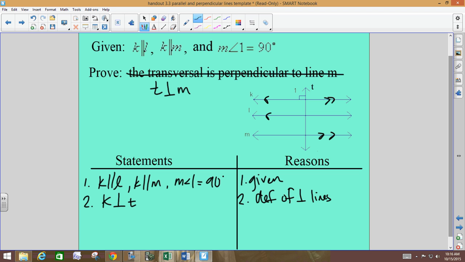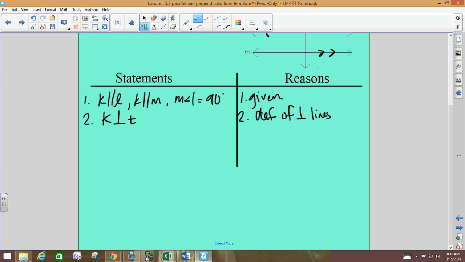So K is parallel to M in my given, and K is perpendicular to T. So my transversal is perpendicular to one of these parallel lines, therefore it has to be perpendicular to the other one. Right, Brady? Yeah, thanks for nodding along. T perpendicular to M, we're using that third theorem.